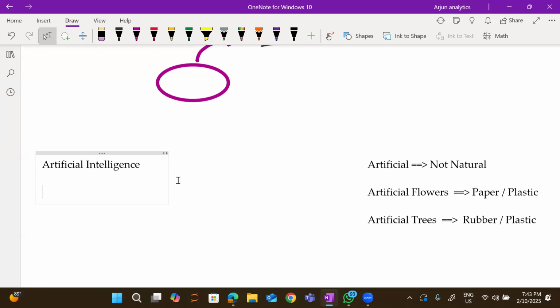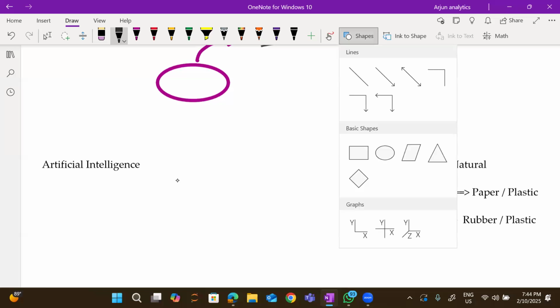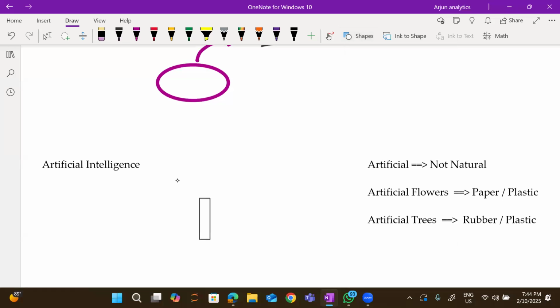We humans are naturally intelligent. Now artificial intelligence means how the human is intelligent, how the human behaves, the same type of intelligence, we are going to put into a machine. We usually call this machine a model. Why is it called a model? I'm going to give you the example.